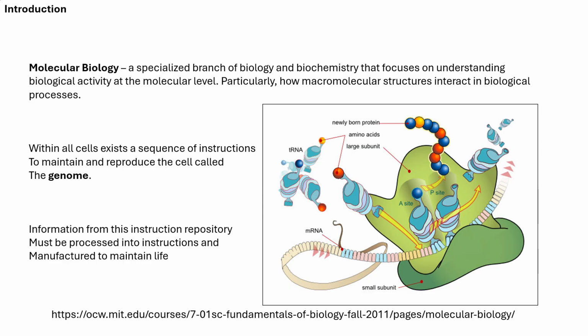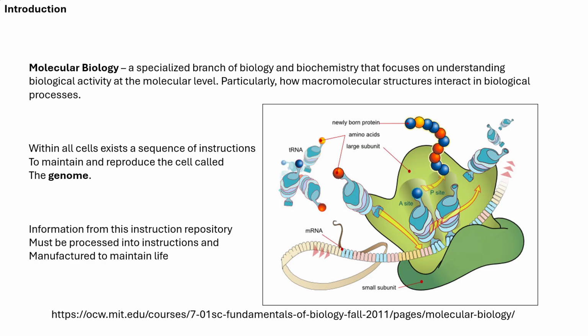So this is possible because within all cells there is a sequence of instructions that tells the cell how to maintain and reproduce itself, and that's called the genome. So what this really is, is information or instructions.